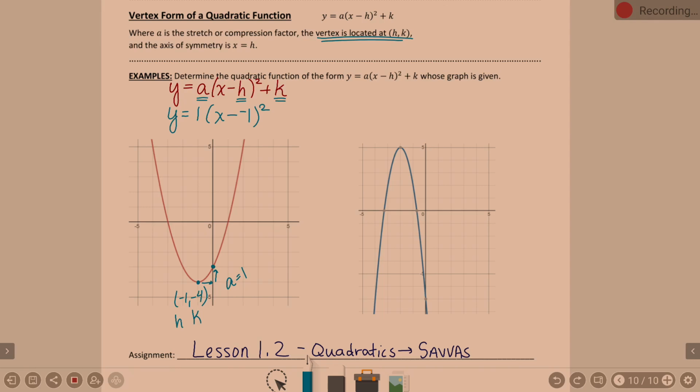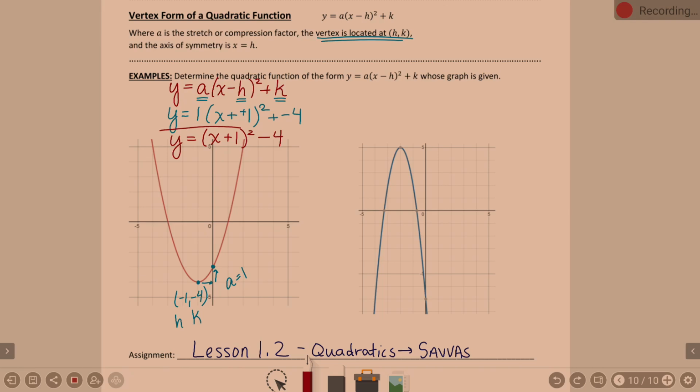Does x plus 1 make sense there? Yeah, because I would tell you to go left 1. And then plus k, well, plus k in this case is plus -4. We don't usually write plus -4 at this level, do we? Plus -4 you would write as -4. So I would be looking for y equals x plus 1 quantity squared minus 4.